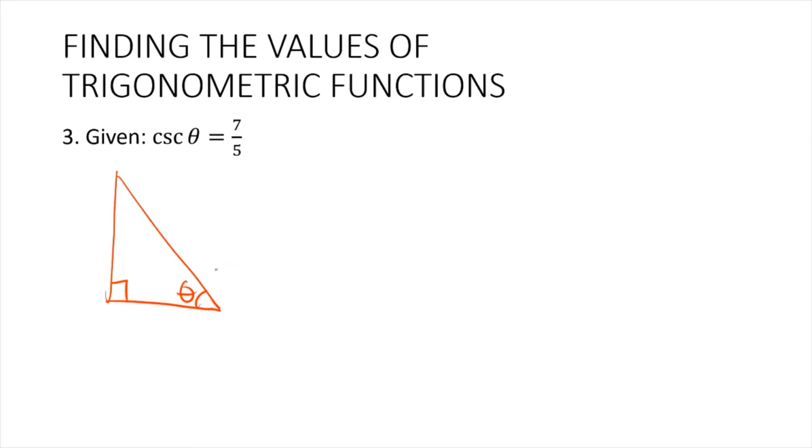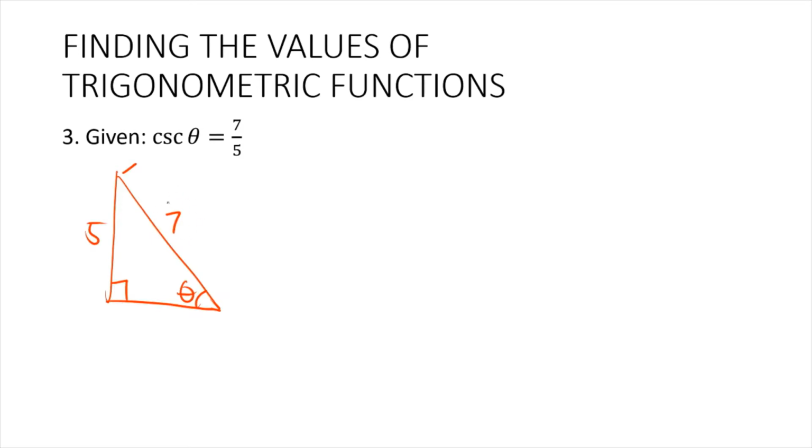So if this is theta and cosecant theta is 7 over 5, where cosecant is the ratio between the hypotenuse and the opposite side, okay? Therefore, this is where we put 7, the hypotenuse. And then the opposite side, so opposite angle theta in this case is this side. Therefore, this is where we put 5, okay? Or if we put theta here, then the hypotenuse will still be here.